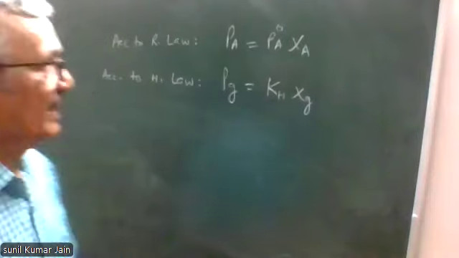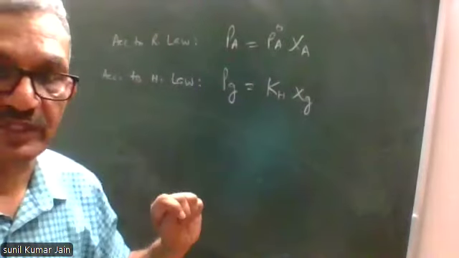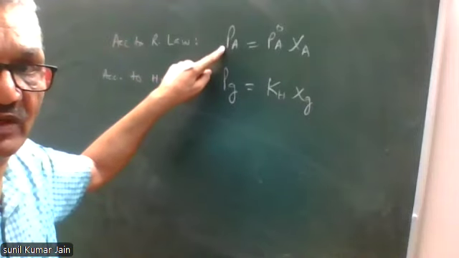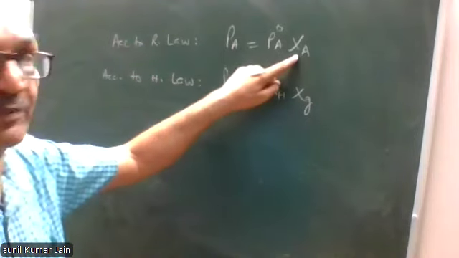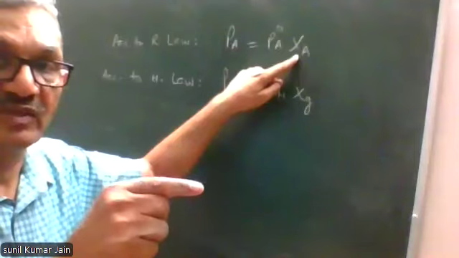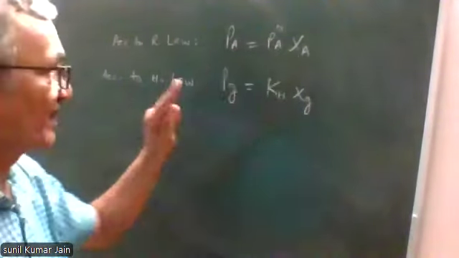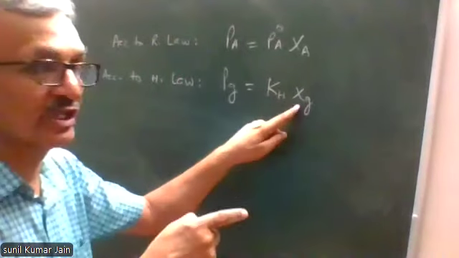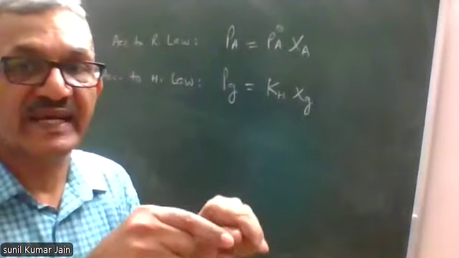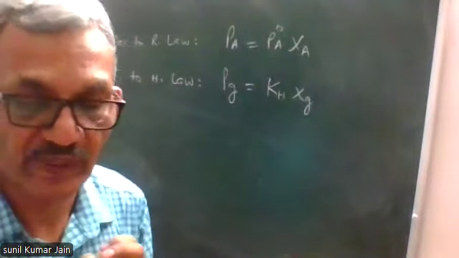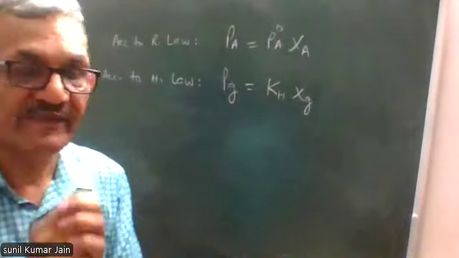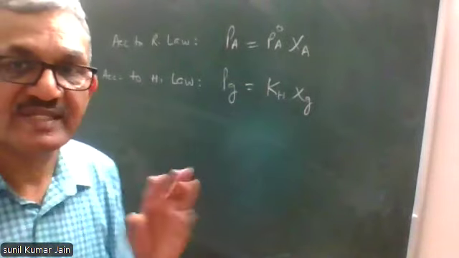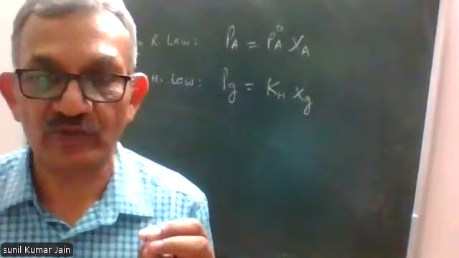Very small topic. See, if we compare these equations, you can see partial vapor pressure of the liquid is directly proportional to mole fraction of that liquid in the solution. Similarly, partial pressure of a gas is directly proportional to mole fraction of that gas dissolved in the liquid. The only difference is these constants. These constants have large difference in their values.